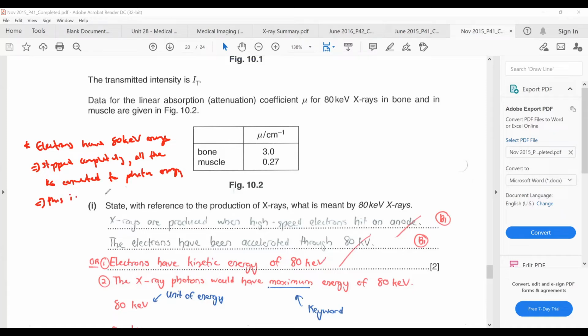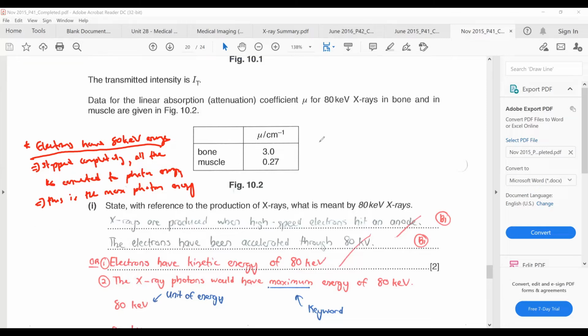This is the max photon energy. Okay. The electrons have 80 keV energy in the first place. Only for the ones that are stopped completely, all the KE is converted to photon energy. This is actually the max photon energy.